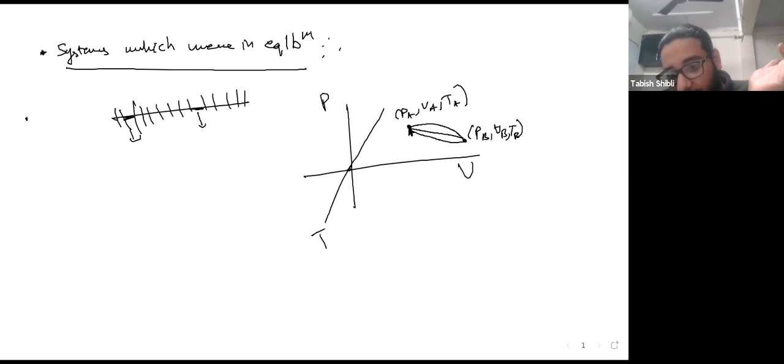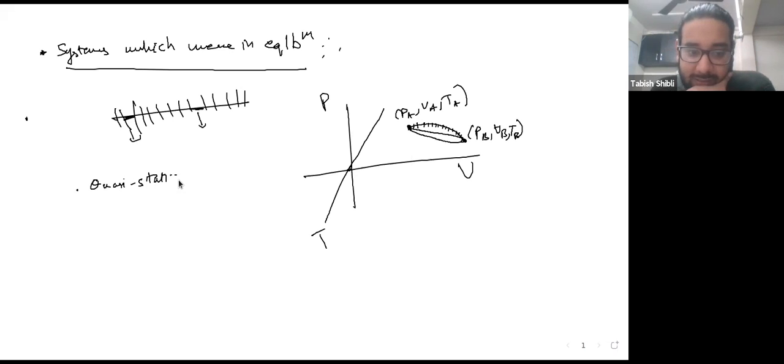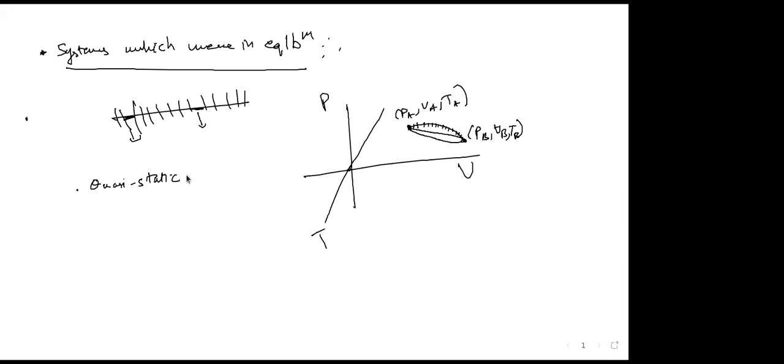So when it's going from here to here, it's going in small steps, and those small steps are essentially what one calls a quasi-static way of evolving things. Okay, so this is what is called a quasi-static process.